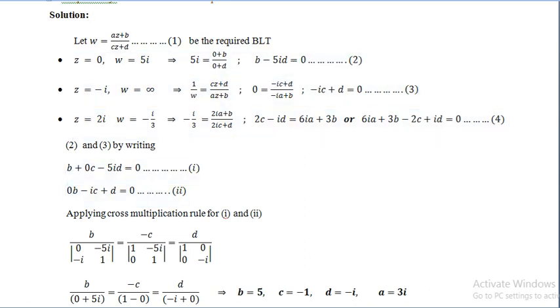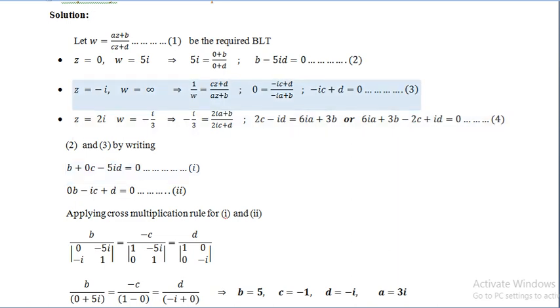b plus 0c minus 5id equal to 0. Second one is 0b minus ic plus d. In the second equation it contains c and d, but b is absent, so we are considering the coefficient of b as 0. And in equation number 2 it contains b and d, but the c term is absent, so hence we are considering the coefficient of c as 0.